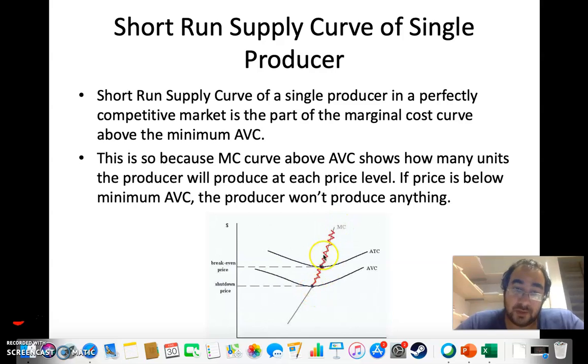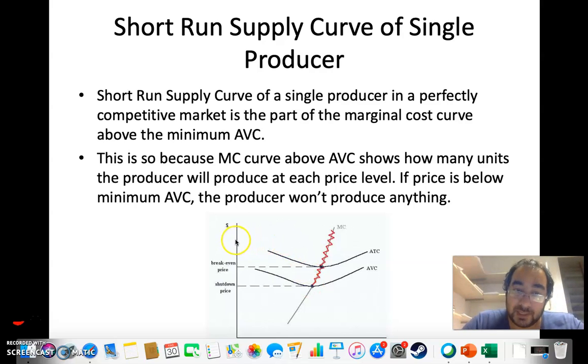So basically the MC curve, when we bring price and cost curves together on a price-cost graph, with price represented by the y-axis and quantity represented by the x-axis, the marginal cost curve above the average variable cost curve, because of the reasons I have explained, represents the short run supply curve.